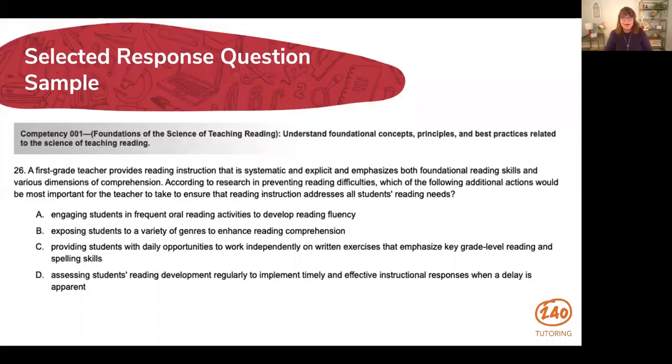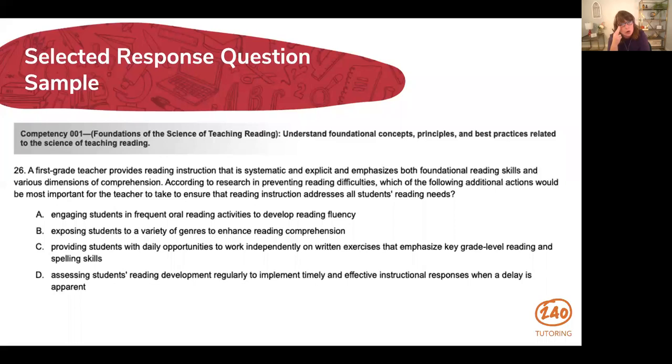So if we go back to that question, it says things like that. The question stem addresses instruction being systematic, which means it follows a logical, planned sequence, and explicit. So that means it's targeted and direct, okay?